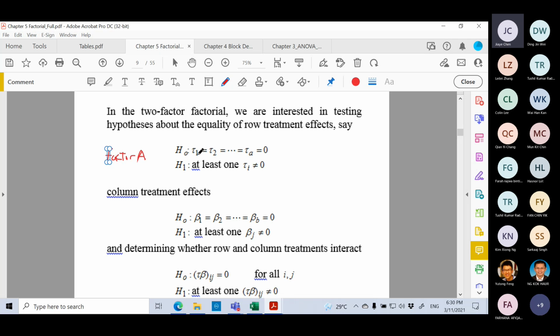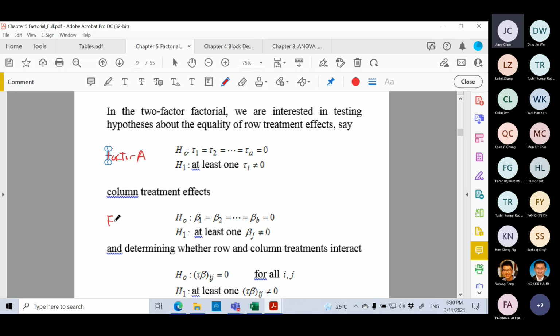It means that tau 1 until tau a is equal to 0, meaning that the treatment effects, all of them, will equal to 0, or at least one of them is not equal to 0. If at least one of them is not equal to 0, it means that there is a difference in the different levels. Okay, so this one is for the factor A.